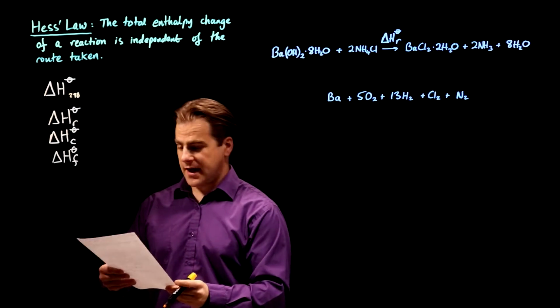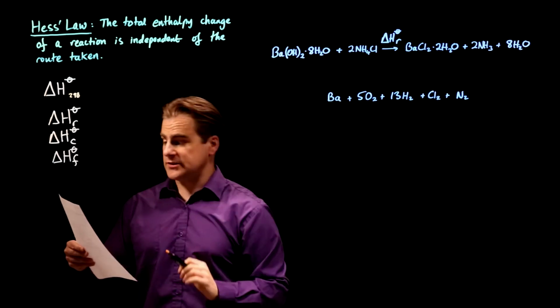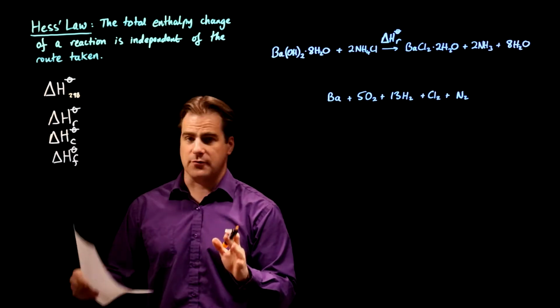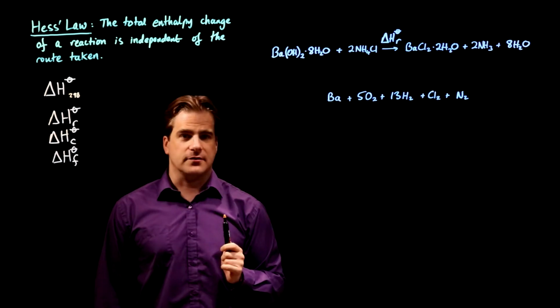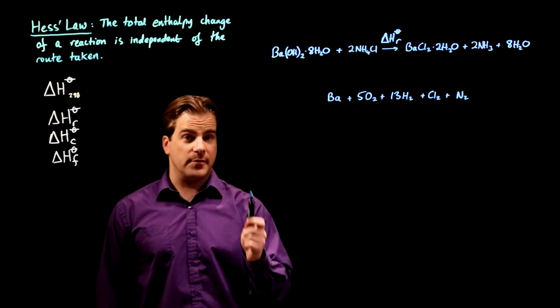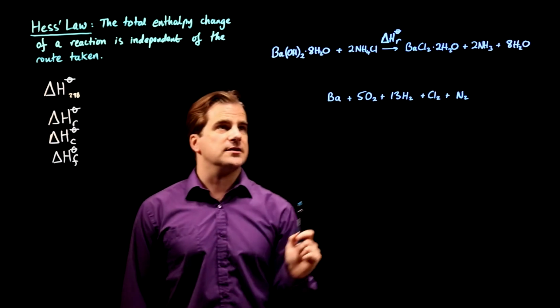So the standard enthalpy change of formation is the enthalpy change when 1 mole of a compound is formed from its elements. And this is tied in with Hess's law. We're forming 1 mole of a compound from its elements. So let's look at our reaction.